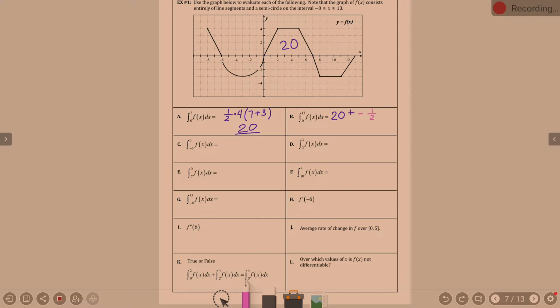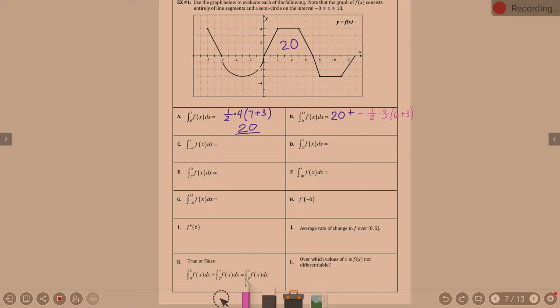And in order to do this, it's what? 1/2 times height of 3 times bases of 6 plus 3. Tell me if my math is off. 6 plus 3 is 9. Times 3 is 27.